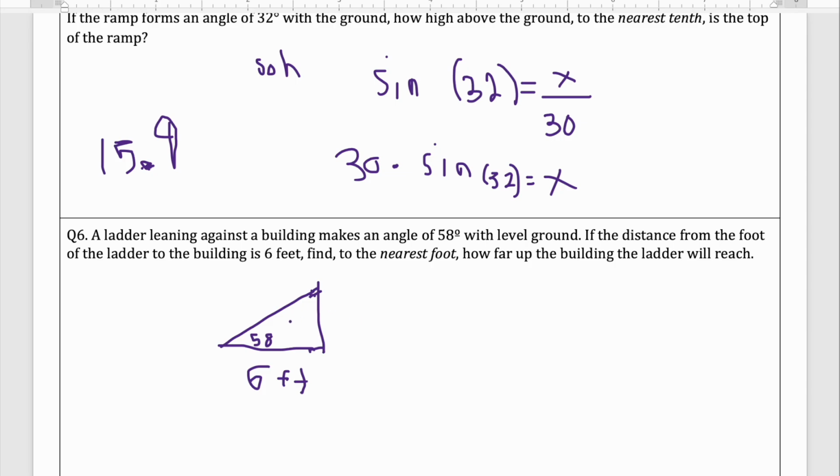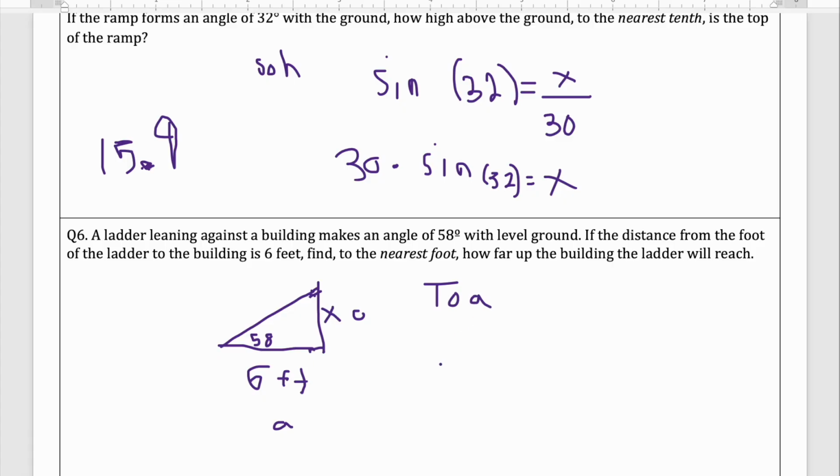So we want to find how far up the building. So this is the building. So we want to find this height of the building. Okay, so we have an opposite and we have an adjacent. This is our adjacent. This is our opposite. Opposite and adjacent is TOA.